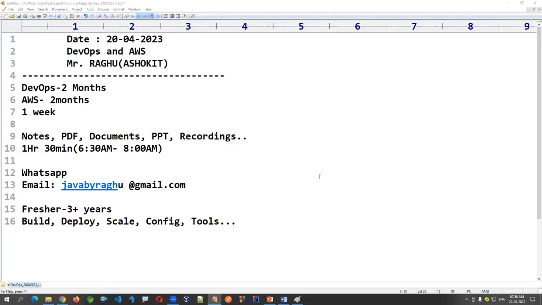Actually, if you want to learn DevOps, first we need Linux. First we start with Linux. For Linux practice we take EC2. So first we start with some EC2 basics in AWS, then we enter into DevOps after learning Linux. After finishing the DevOps tools, we'll come back to AWS. It's like a mix, parallel.